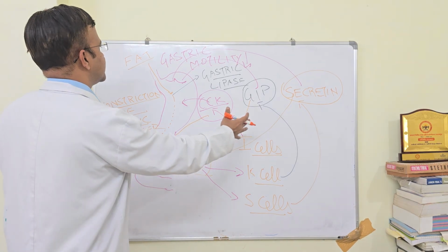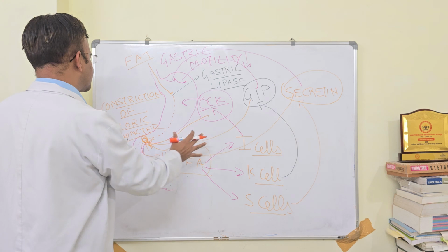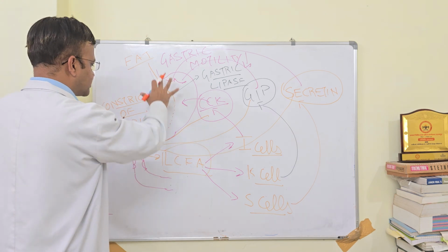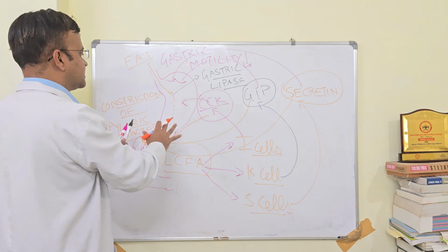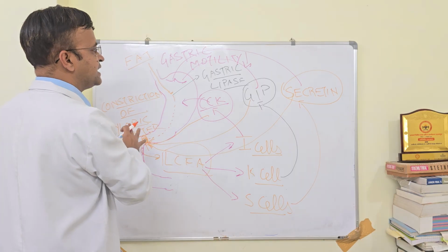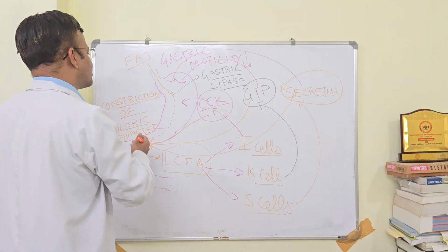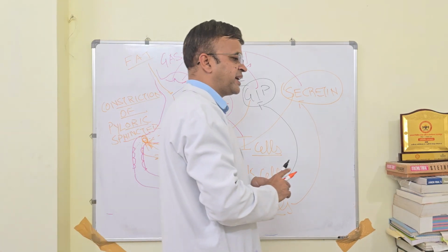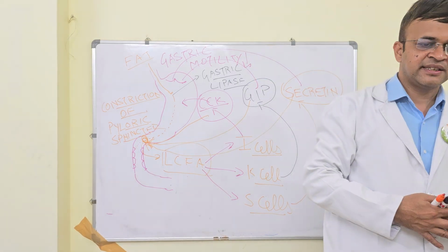Right? So two effects. They will reduce the gastric motility and will constrict the pyloric sphincter. So of course the descent of this fat rich chyme will be delayed, right? Which will lead to slow gastric emptying, right?